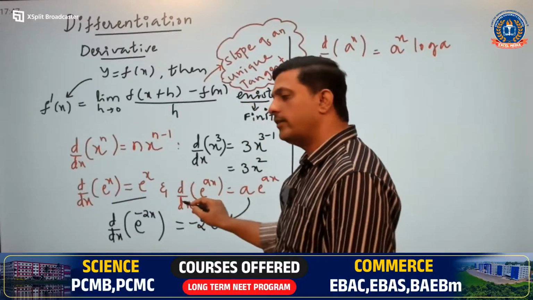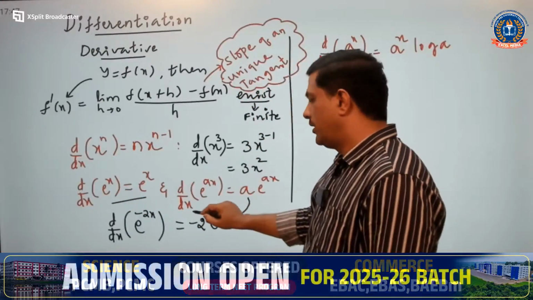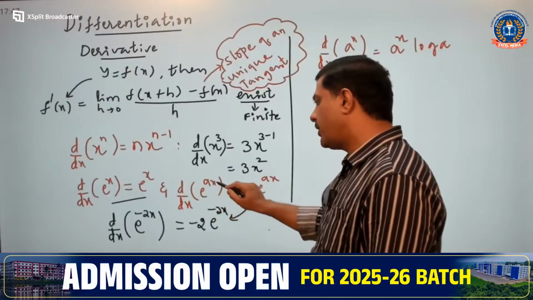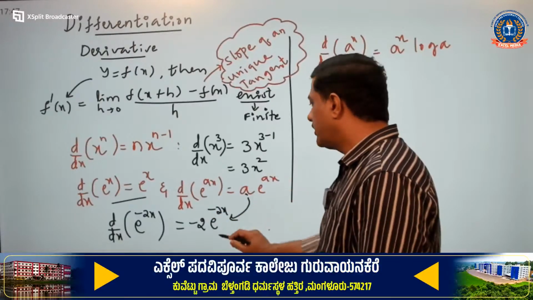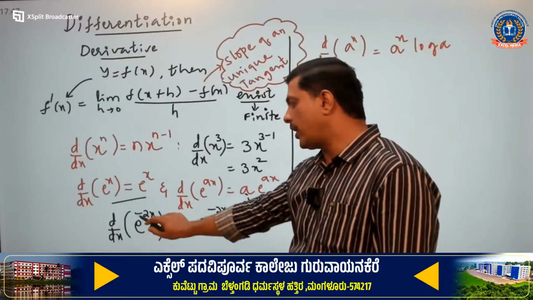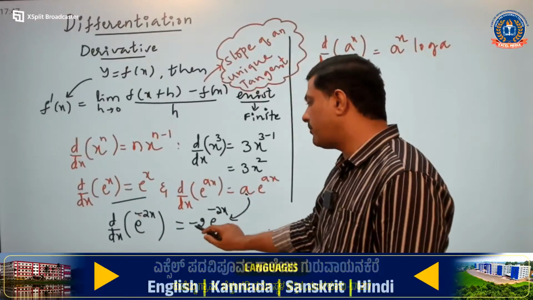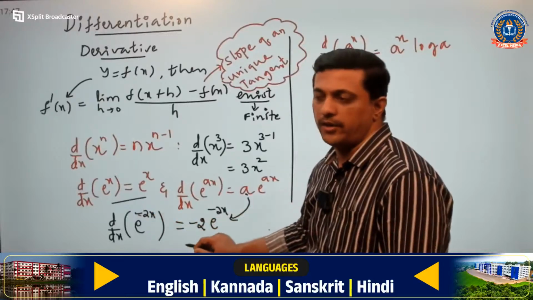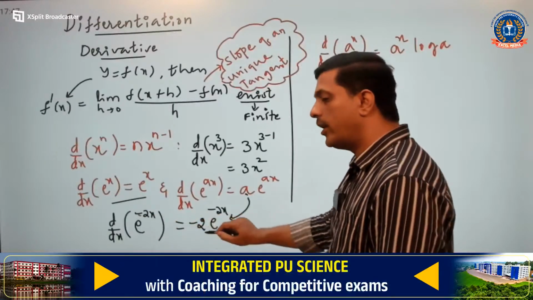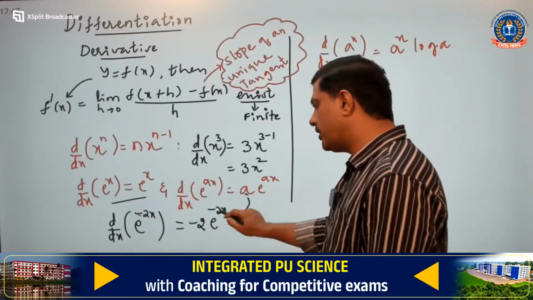If it is d by dx of e raised to ax, then the answer is a into e raised to ax. Similarly, if we have e raised to minus 2x, then automatically it is minus 2, because we need to take the coefficient of x. Then minus 2 e raised to minus 2x.